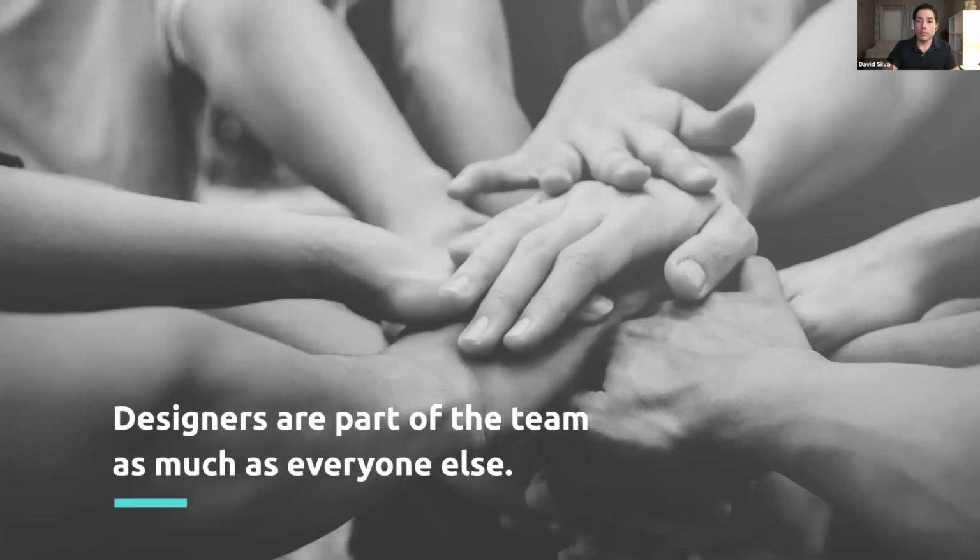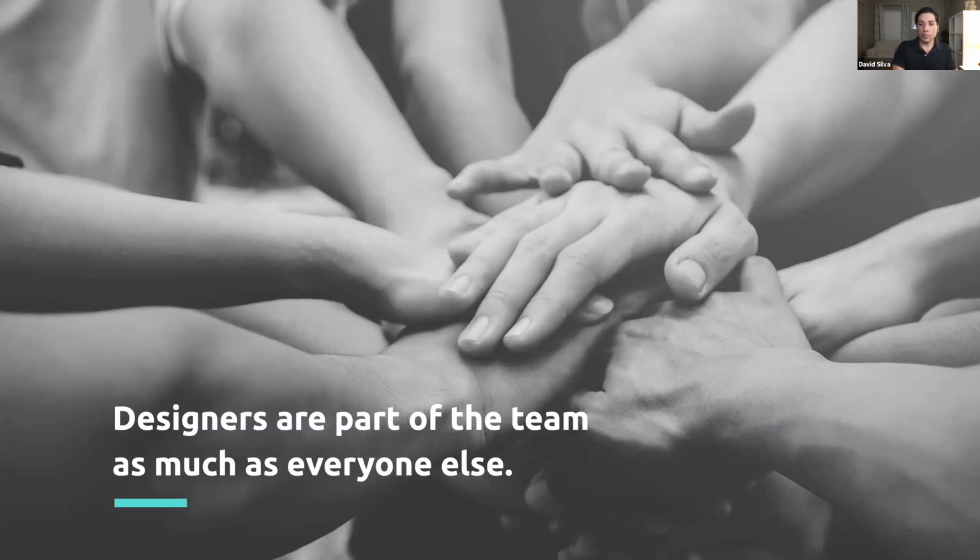And that's because designers are part of the team, just like everyone else, like we were talking. Designers do their job because they like what they do. They love that feeling of fulfillment every time they deliver their project. So being an effective leader for a design team is more than just setting up processes and assigning tasks.